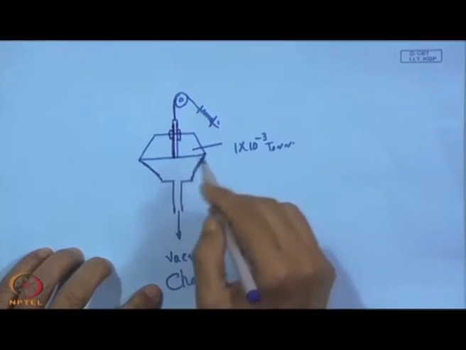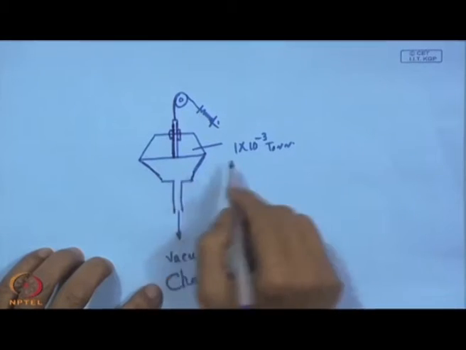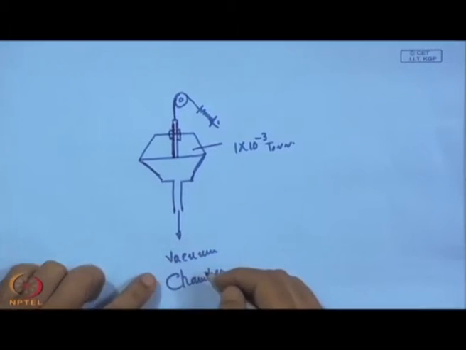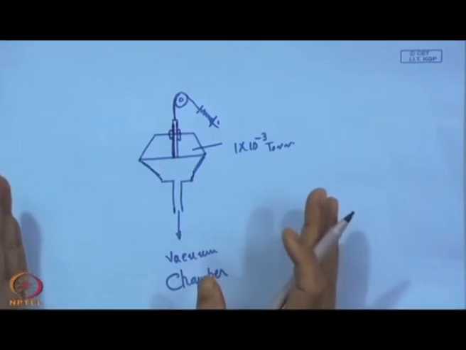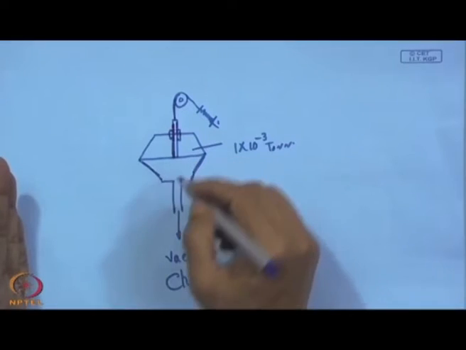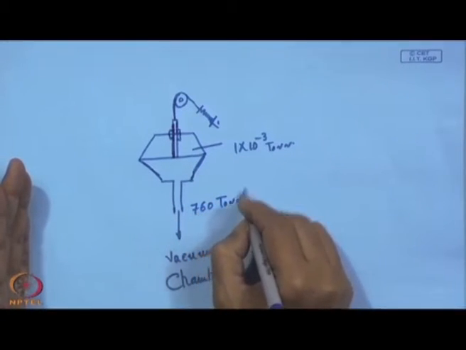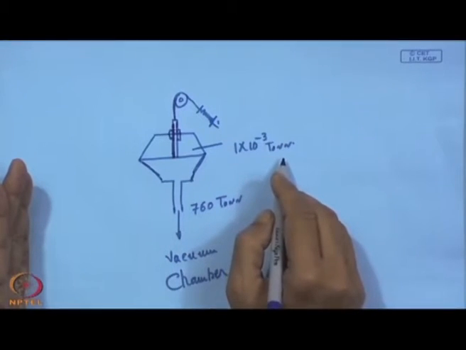Now, if it is 10 to the power minus 3, when it is a high pressure, suppose now the vacuum chamber is filled with air, in that case this will be 760 torr, which is higher than 10 to the power minus 3 torr.